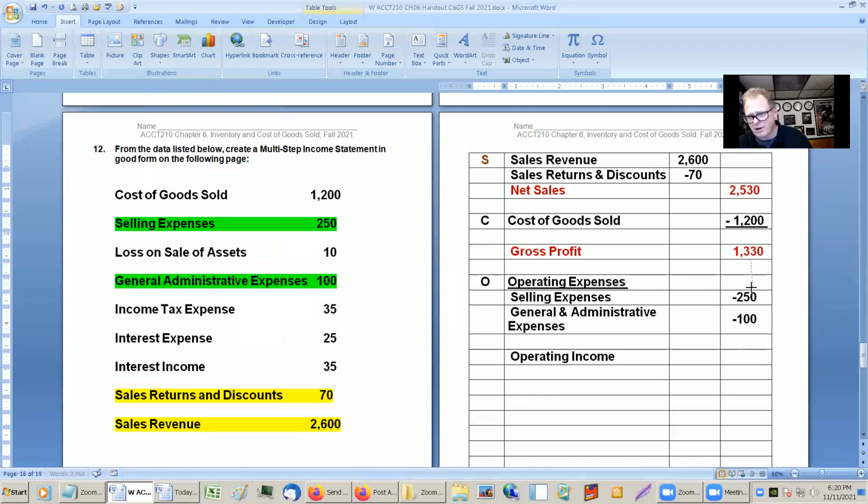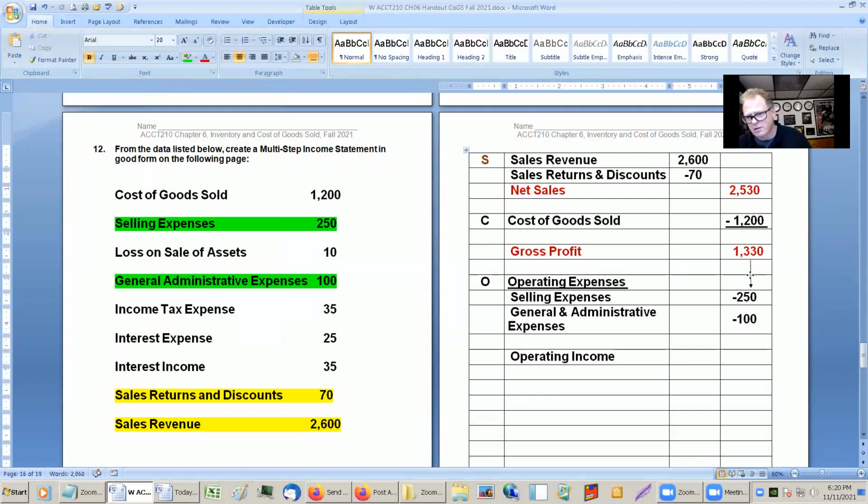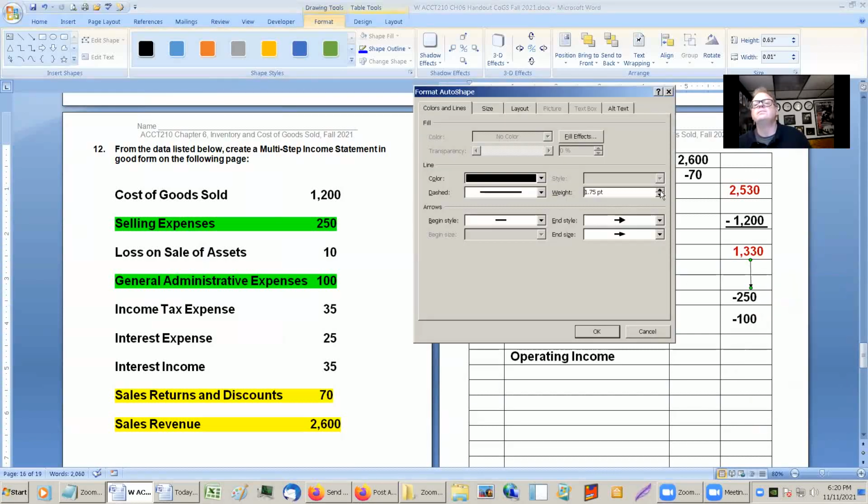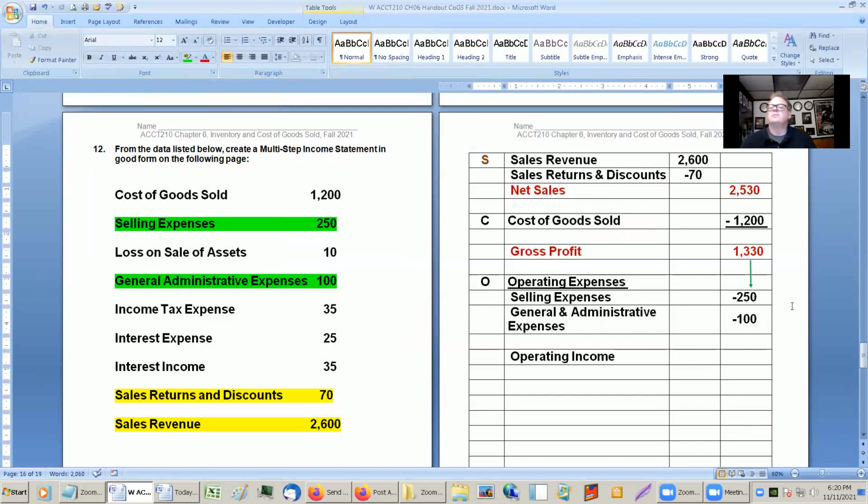So it's going to be 1330 minus those two, whatever that comes out to. That's 980. And so this is the operating income.